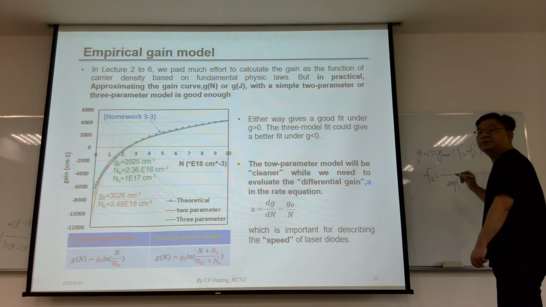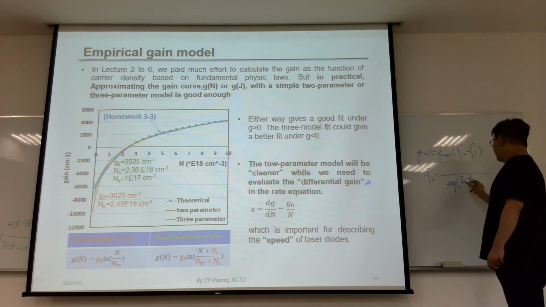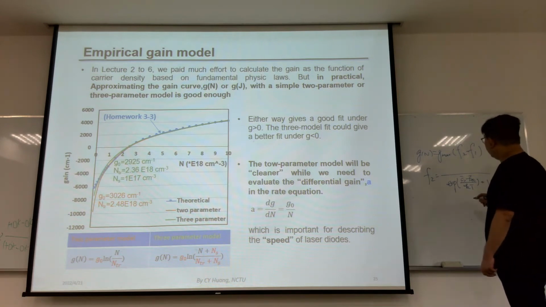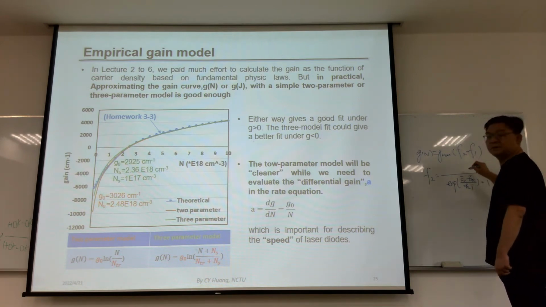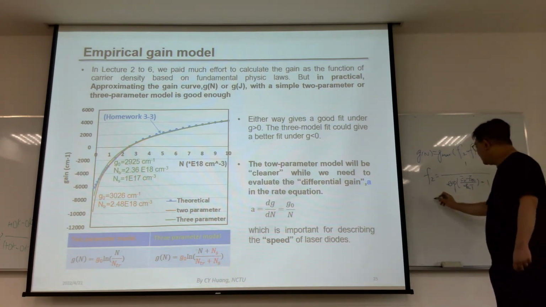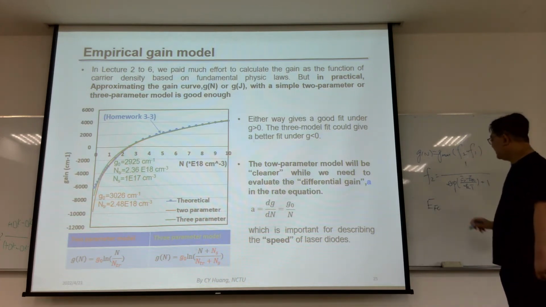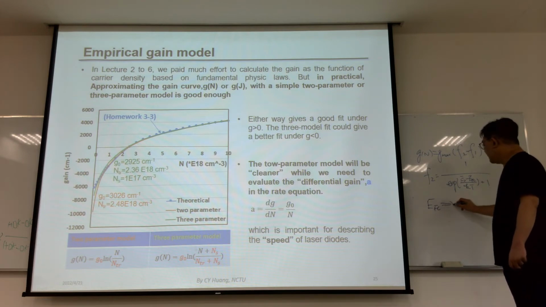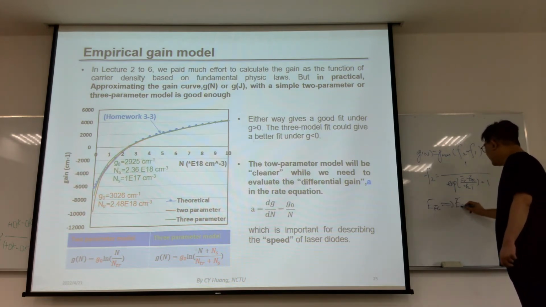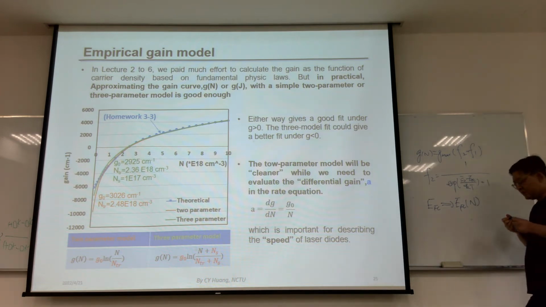I hope you still remember that. And the position of the Fermi level needs to be estimated by the carrier concentration. Similar for f1 and Fv.